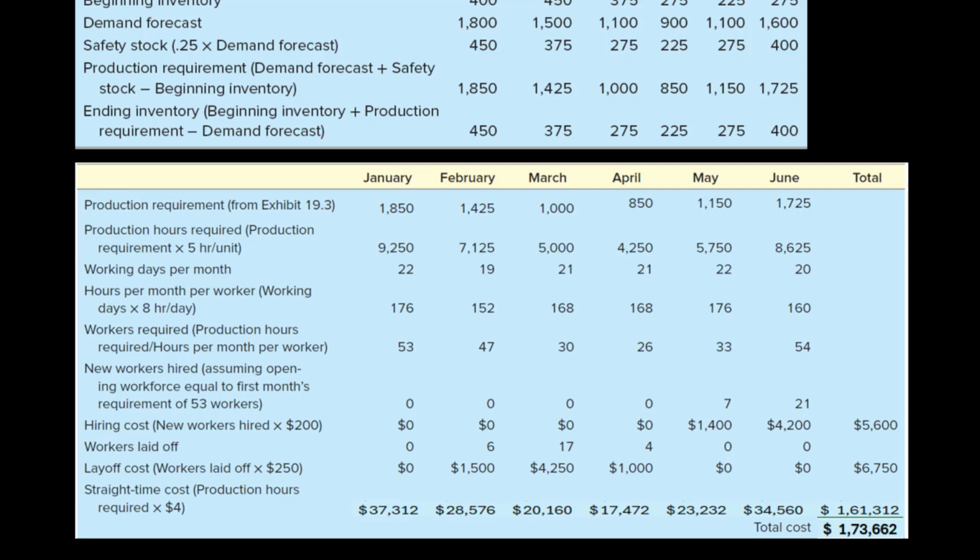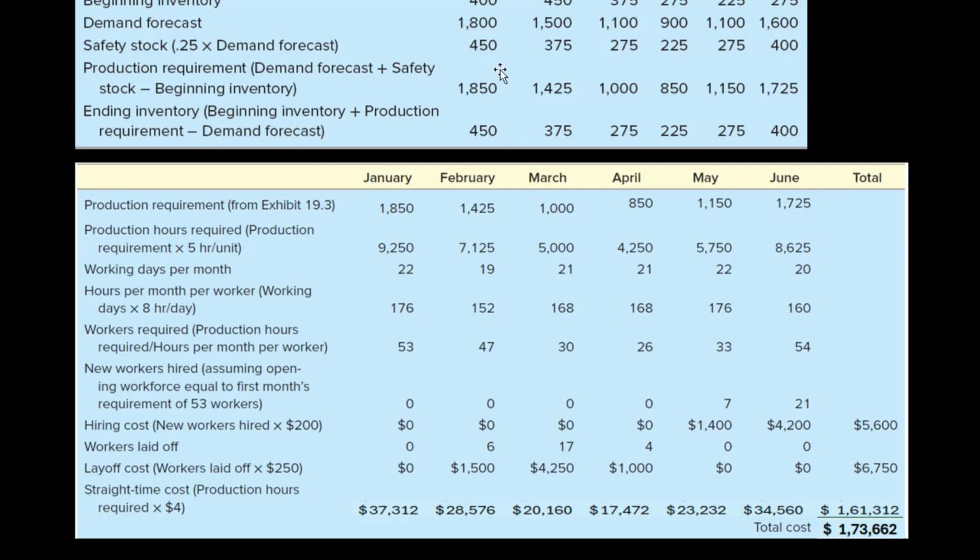Now this figure doesn't match the textbook figure, because the textbook considers 52 point something workers required, which is not correct, because once we employ 53 workers, we have to pay them for the entire hours as per the factory law. Hence this is the correct calculation. You have to pay 37,312.